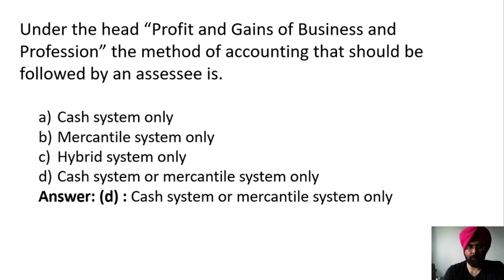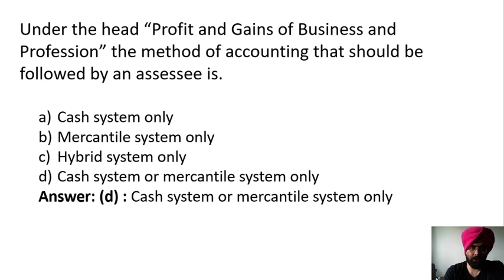Cash system: suppose a doctor receives fees from his patients, then the amount received would be taxable under the head business and profession, and the amount is taxable on cash system, because the doctor records the fees whenever they are received.